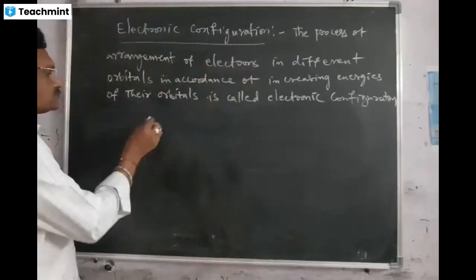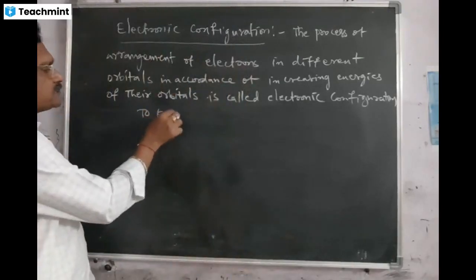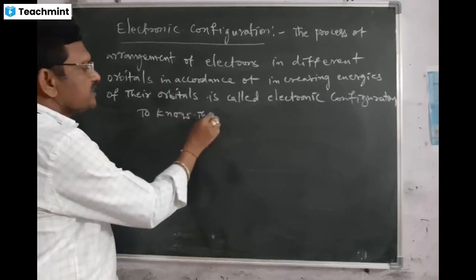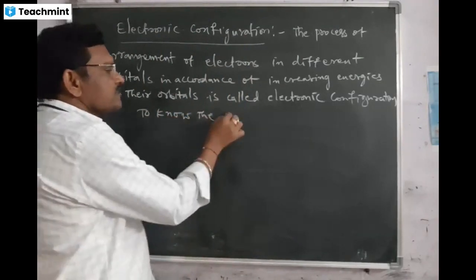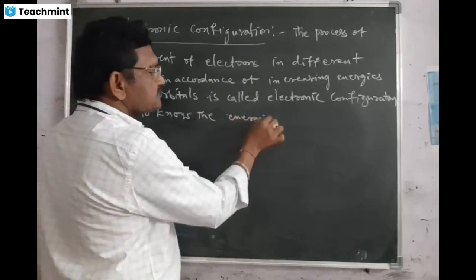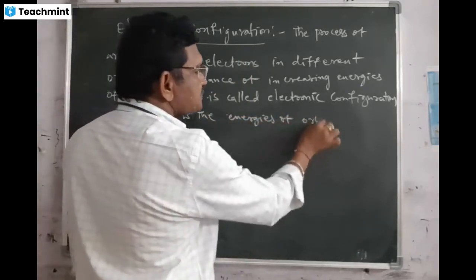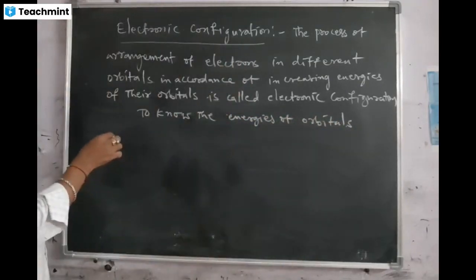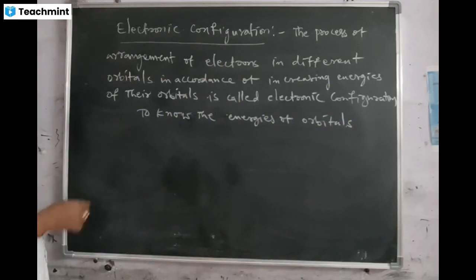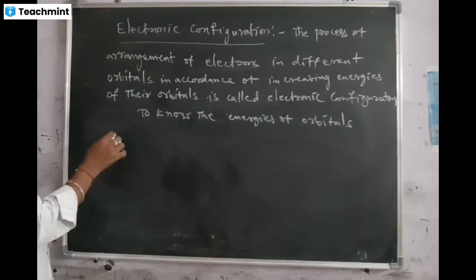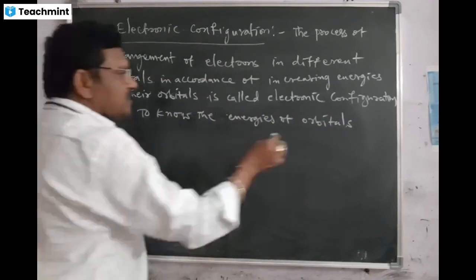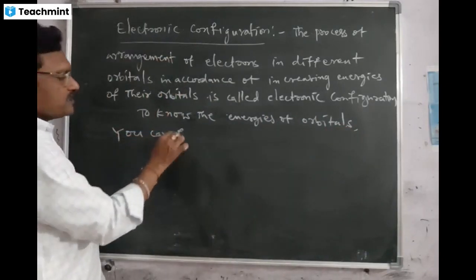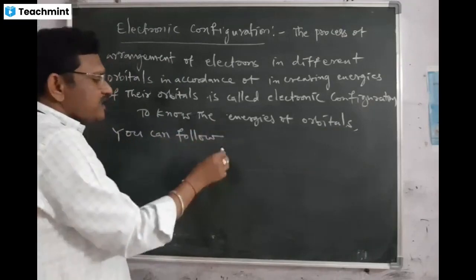You write down: to know the energies of orbitals, you can follow the Aufbau diagram.